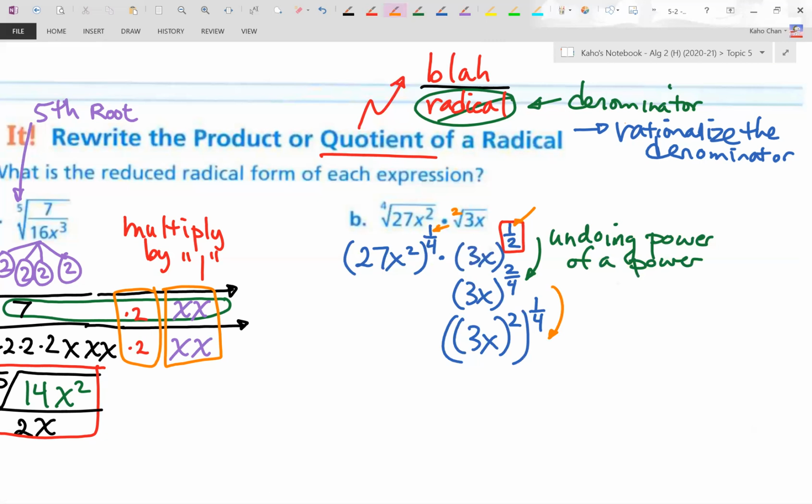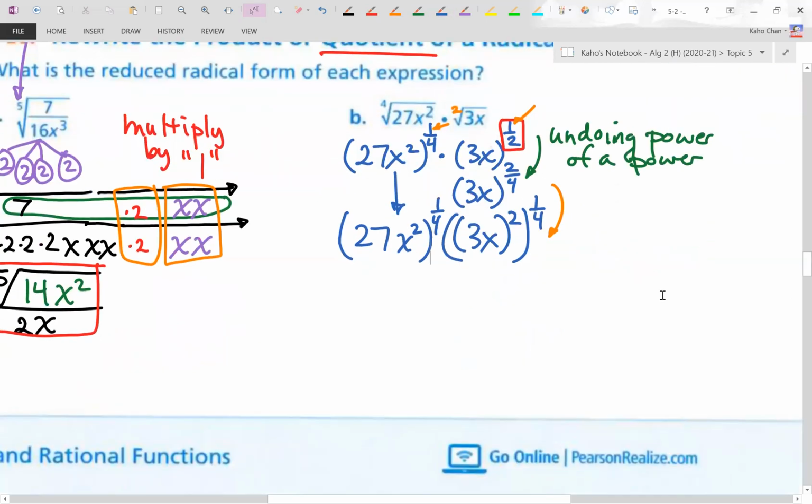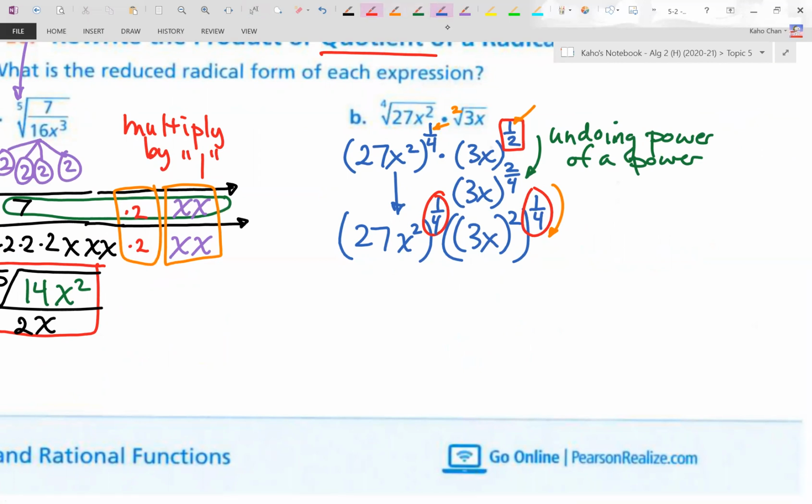You see where I have the 1/4 now? Bring this guy down from in front earlier, now they both have 1/4 powers. Isn't that strange? I'm now going to do this backwards. I'm going to undo powers backwards this way. It's kind of crazy, I know.